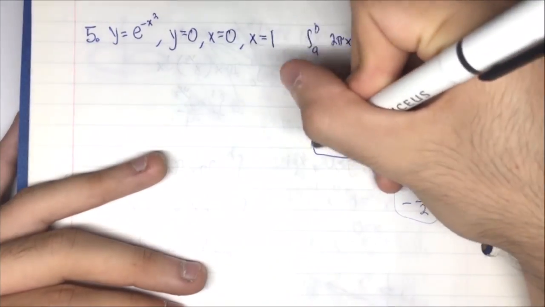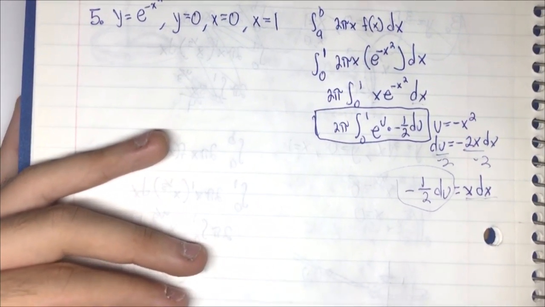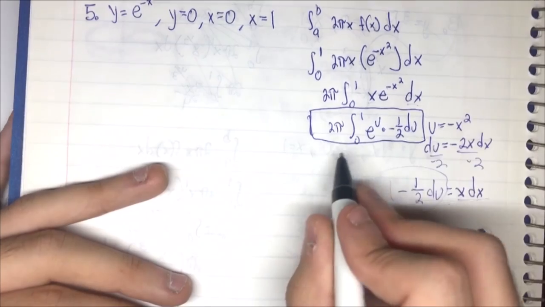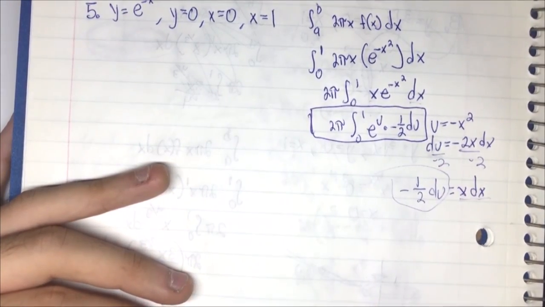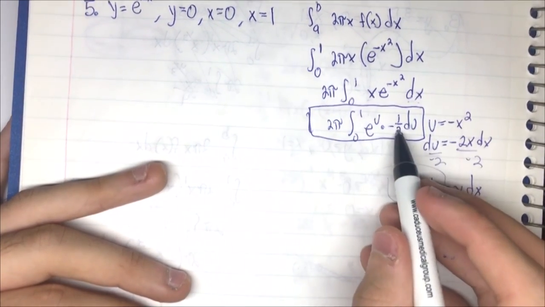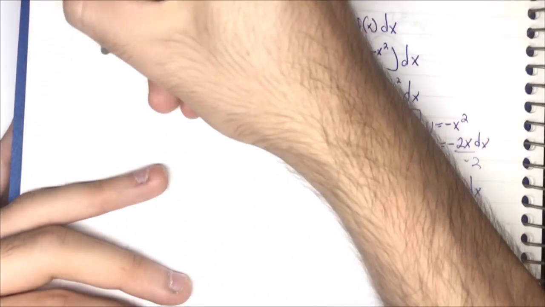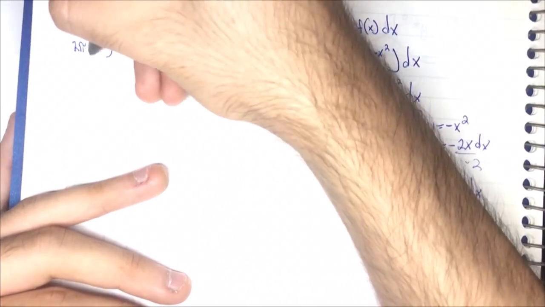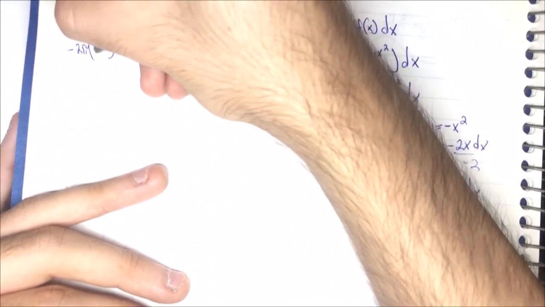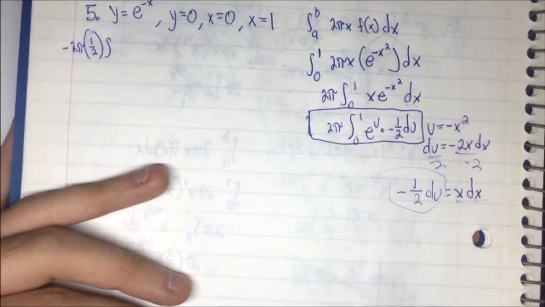So this is what we have so far. And then next step would be to take out the negative 1/2, and then the 2's cancel out, so let me rewrite that over here. So 2 pi times the negative 1/2 over here.